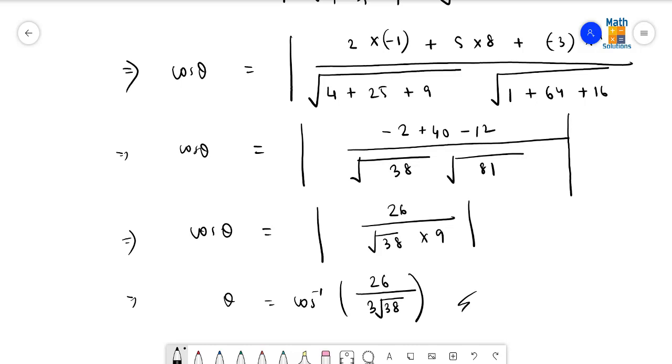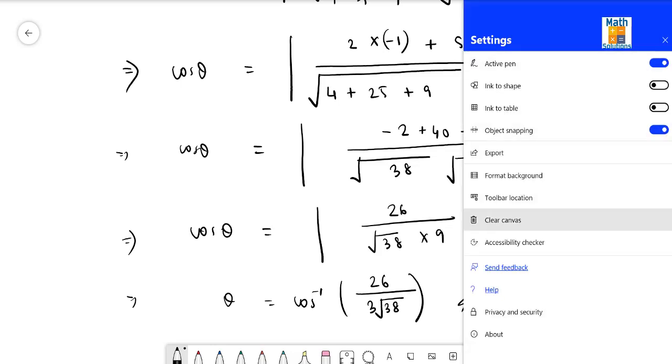Then coming to the next question, question number 12. In question number 12, what is given?